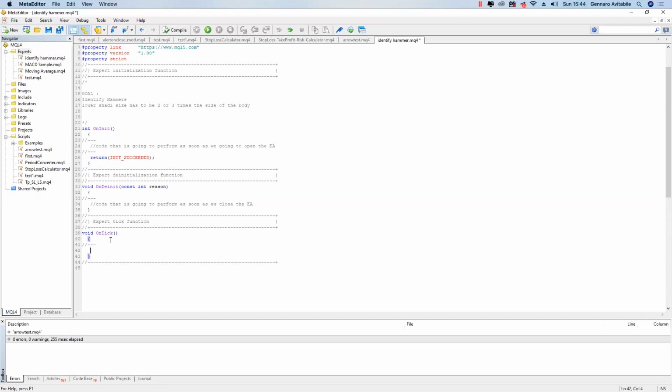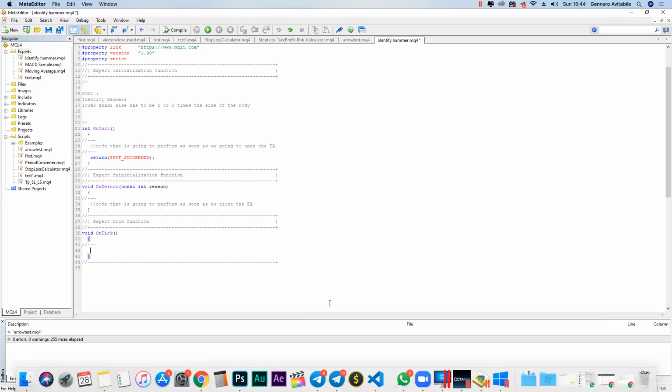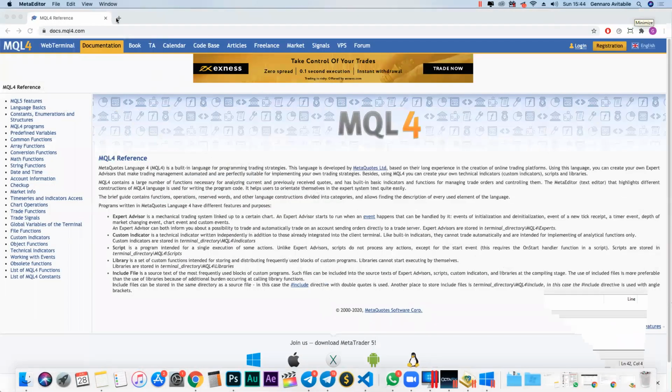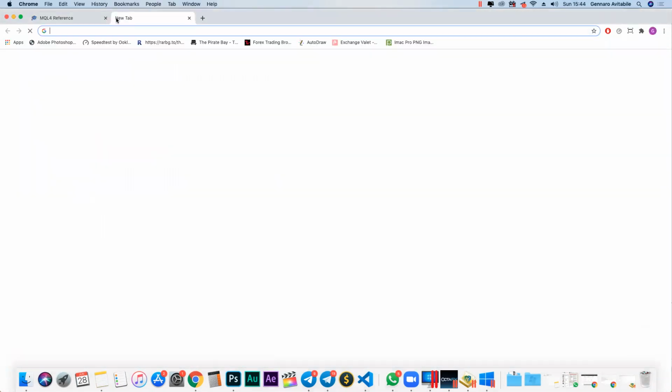Now we need to think about this. The best way to go would be to go on ticks, on points, and I'm not sure if there is a way to identify if a candle is bullish or bearish. So let's find this out.